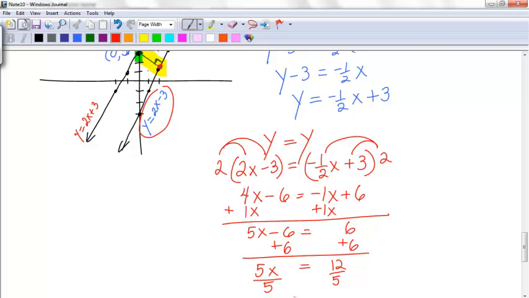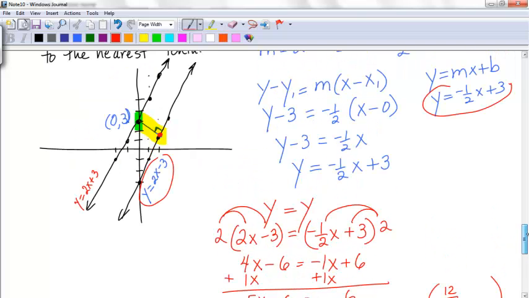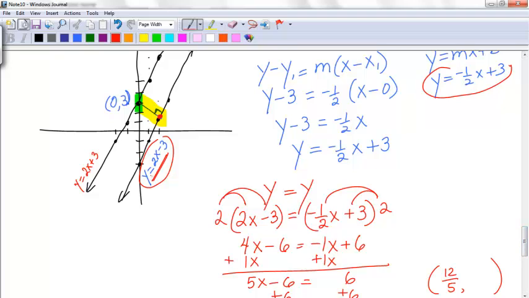Am I wrong because I'm going to get a fraction? No. x is 12/5. Now I have to figure out what y is. Put it back into either one of the originals. I'm probably going to go back to this one over here. So if I have y equals 2x minus 3 and my x is 12/5, I'm multiplying.